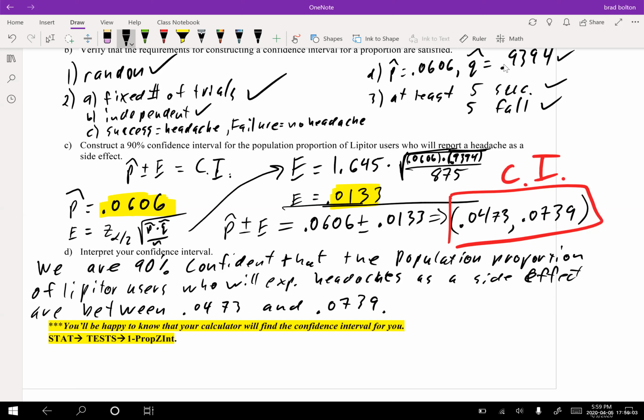An alternate to this is you could just write the interval 0.0473.